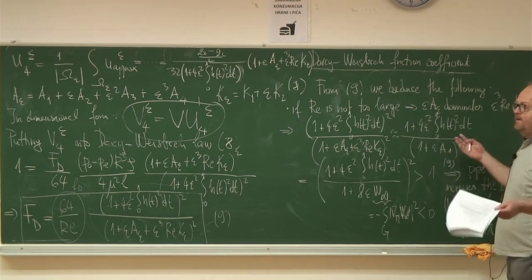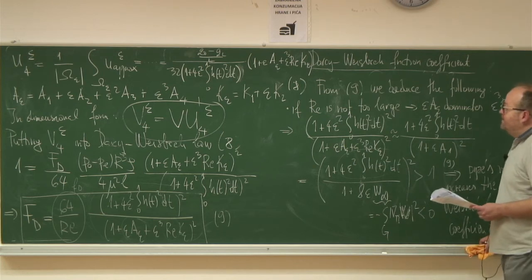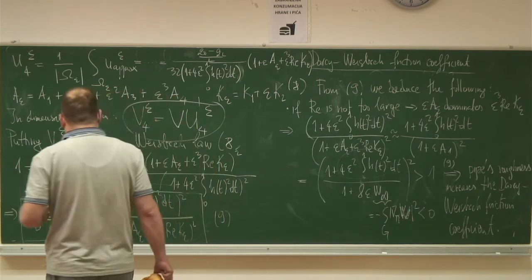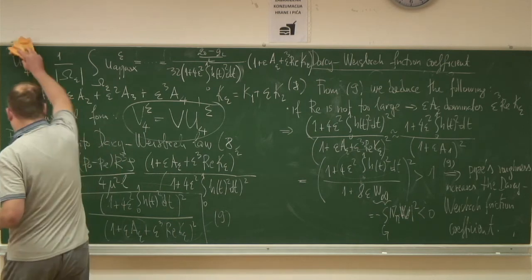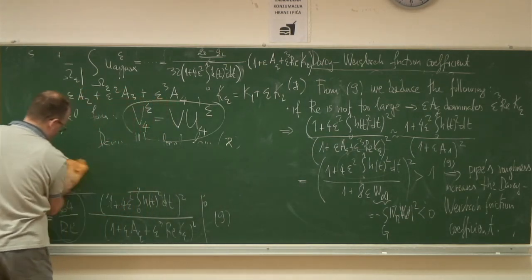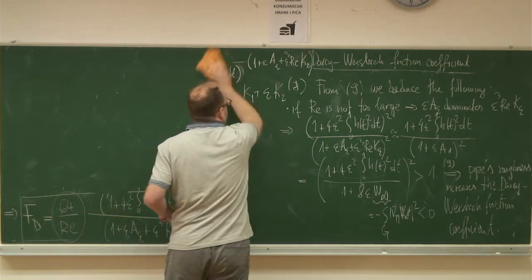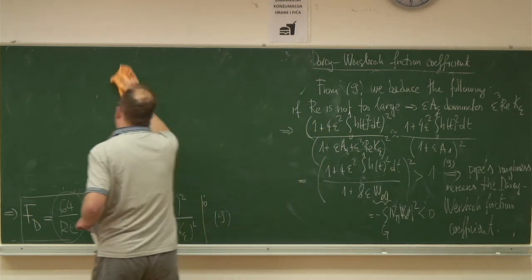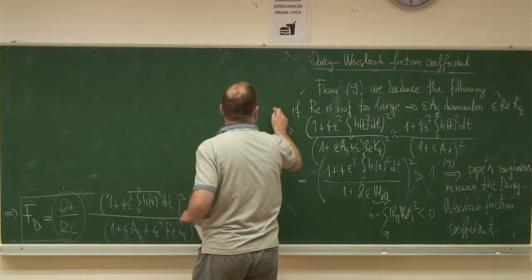And that is expected if you think a little bit from the physical point of view. The second conclusion is the following. I will erase this and leave the friction coefficient. So this was the first one.